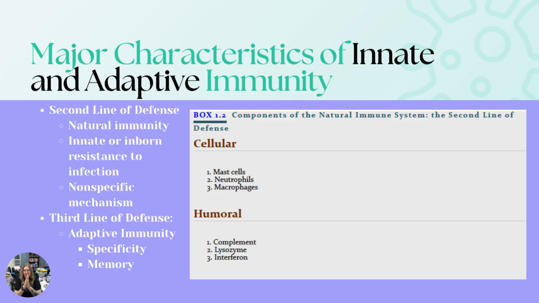All right. So let's say the first line fails. Maybe our patient gets a cut, like what we talked about in the beginning of this lecture, and bacteria has now crossed the barrier. We move into the second line of defense, which is the innate immunity. This response is fast and relatively non-specific, right?